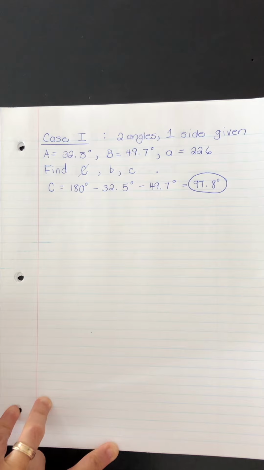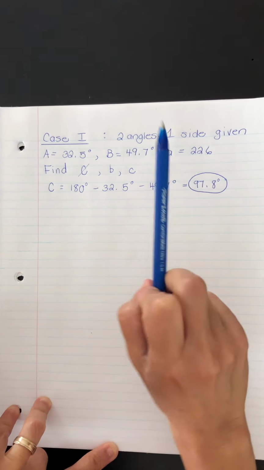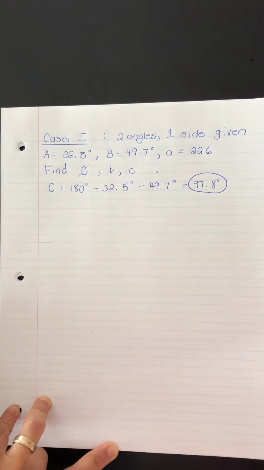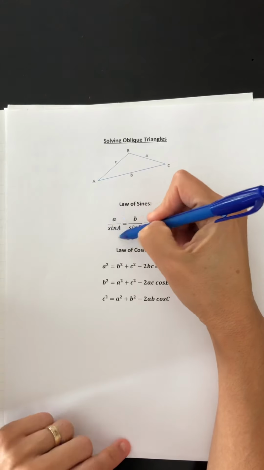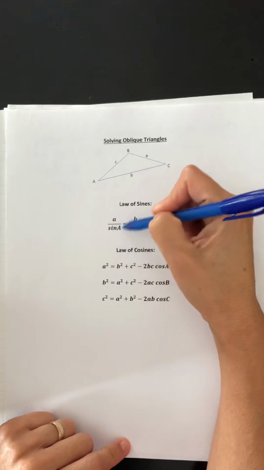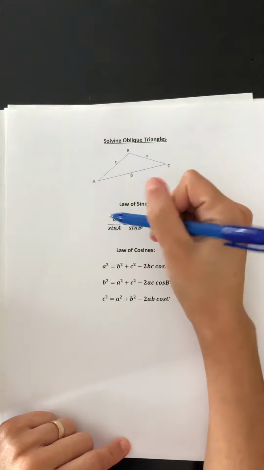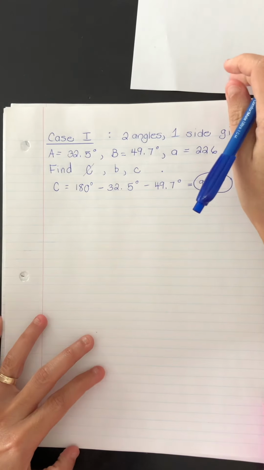And we can do this with the law of sines. The key to this problem is that we know not only side a, but also angle A. And that means that looking here at the law of sines, we have this fraction here fully specified. So I'm going to use it and set it equal to b over sine B, and also use it setting it equal to c over sine C. Okay, just like this.